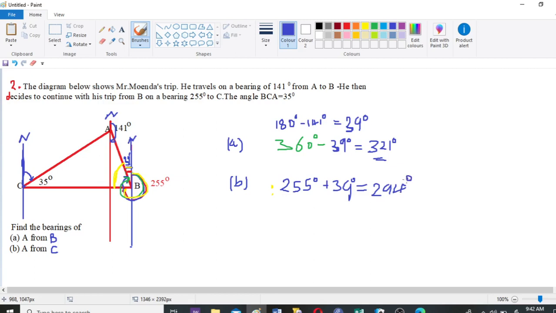Okay, confirm that. So you now know that 294 degrees is your angle from here up to just here.